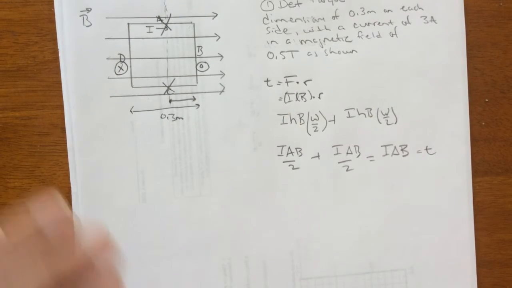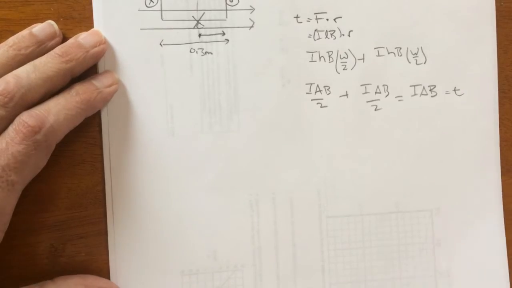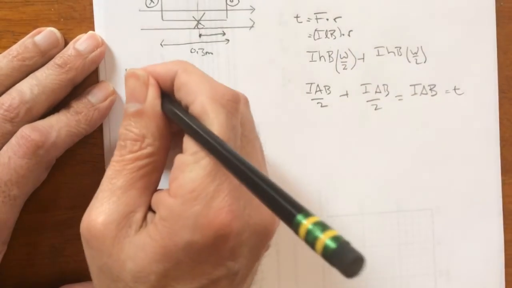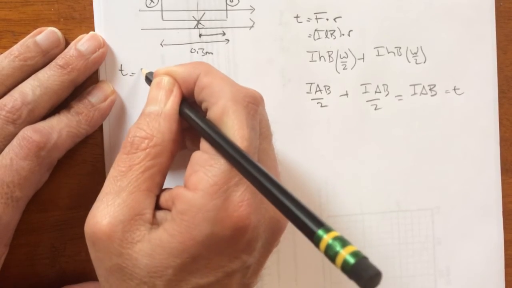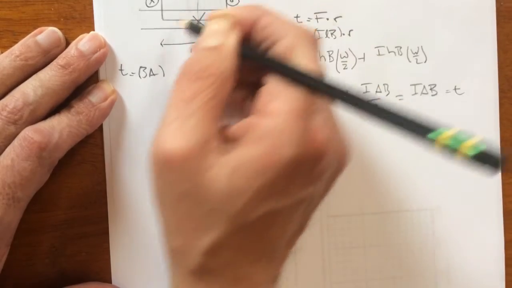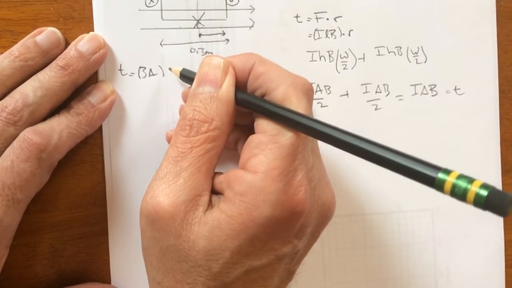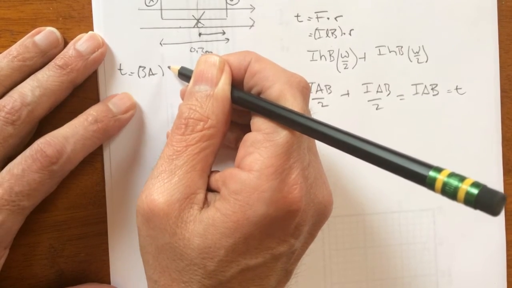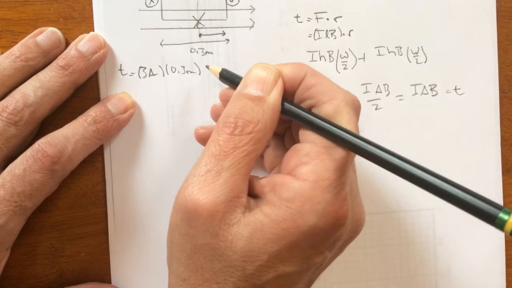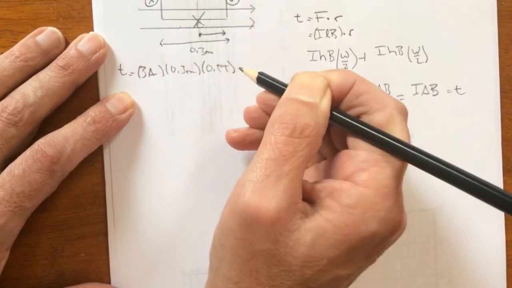Let's do a couple quick problems. Let's solve this first one using the first technique. So your torque is going to be 3 amps times your length, because these lengths don't matter, either way, 3 amps times 0.3 meters times 0.5 Tesla.